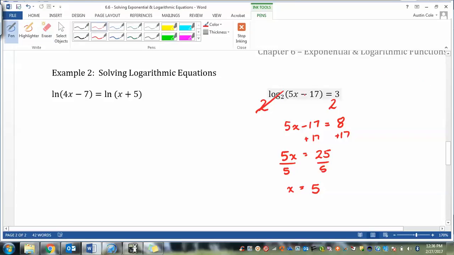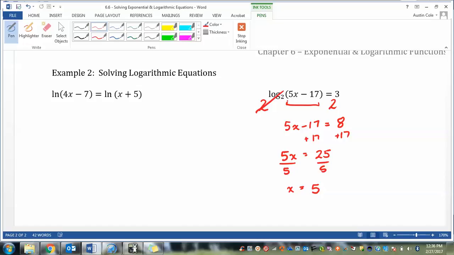So what we need to do here is plug our value back in and make sure we're not taking the log of a negative number. When I plug that back in, I get 5 times 5, which is 25. 25 minus 17 is 8. Positive number, that's okay. If we were to get a negative number, we'd be taking the log of a negative number, and that would be an extraneous solution.